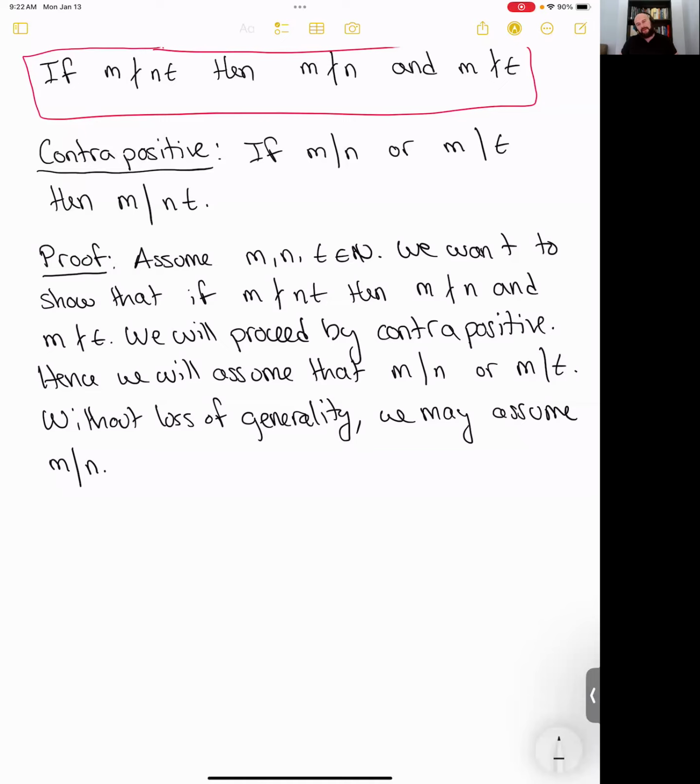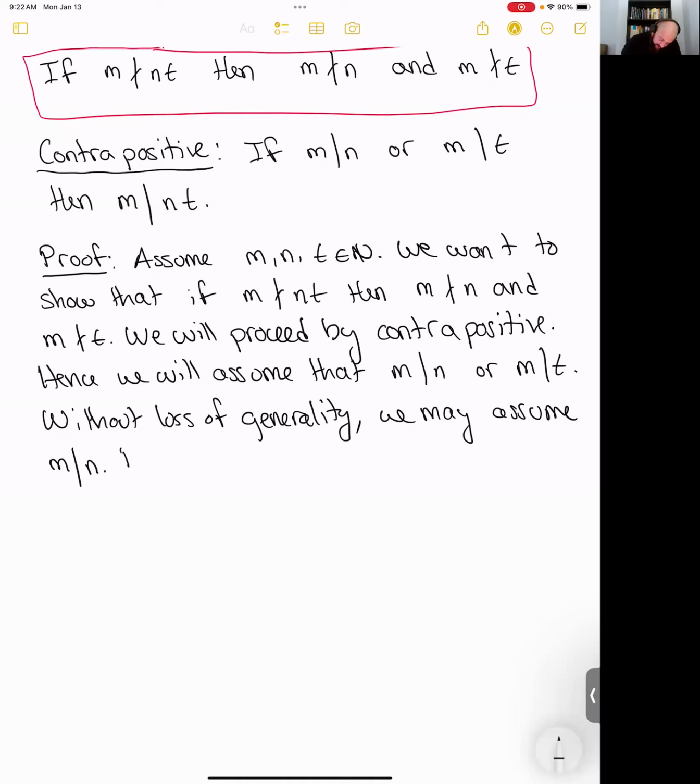And so you just want to be careful. It really needs to be a situation where there are multiple cases, oftentimes two cases, that would be almost exactly the same. And when students mess this up is they have two cases which are similar but not the same, and they do without loss of generality, or sometimes they use it in really bizarre places. But anyway, so we want to assume that m divides n.